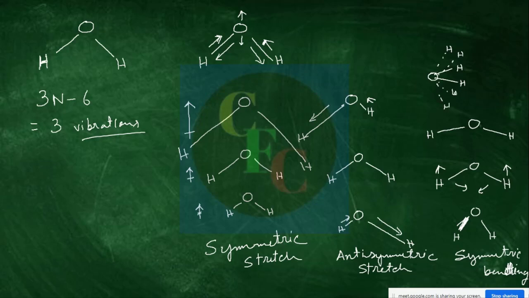This is in fact not a vibration, this is actually a rotation. If you are just rotating the water molecule this way, this kind of motion is not considered vibration. We will discuss this kind of rotation again while we consider another example. For the time being, these are the three possible vibrations for the water molecule: symmetric stretch, antisymmetric stretch, and bending.